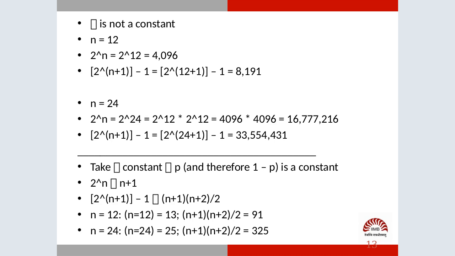When n is 24, what happens? n plus 1 is 25, right? n plus 1 into n plus 2 by 2 is 25 into 26 by 2, which is 325. Yes, the numbers increase, but the rate at which they increase is much, much smaller.